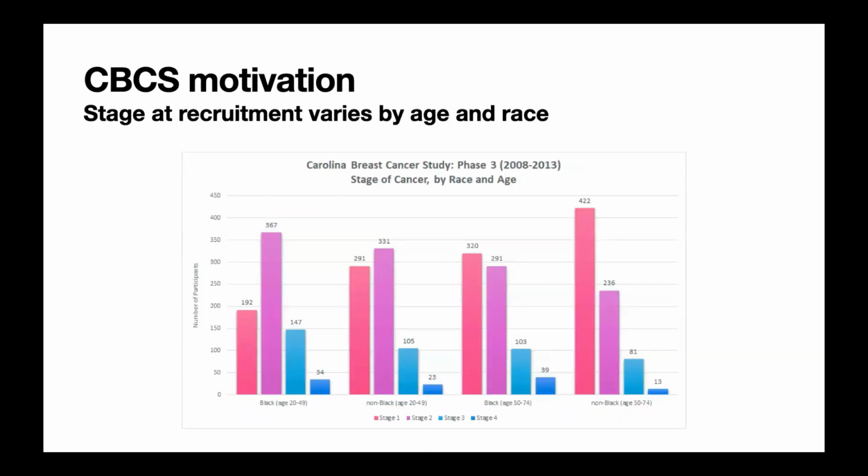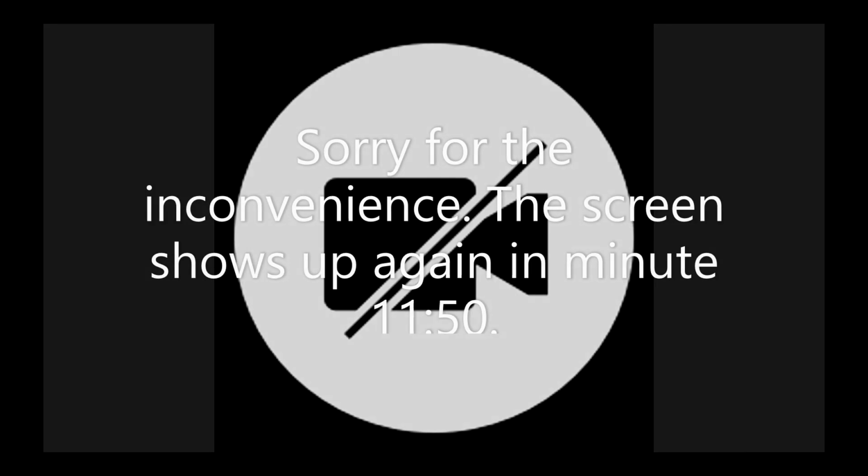The other thing that's a confounder here is that the stage of the tumor at recruitment varies by age and race.